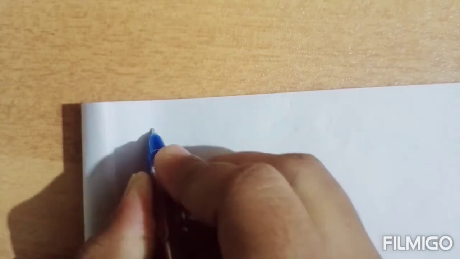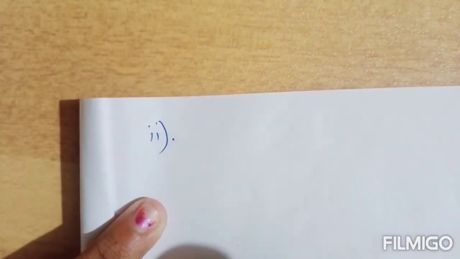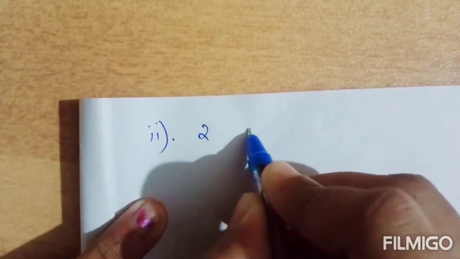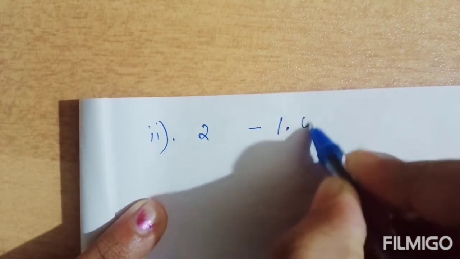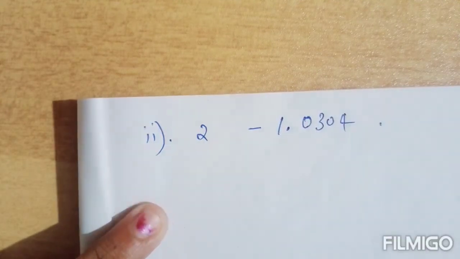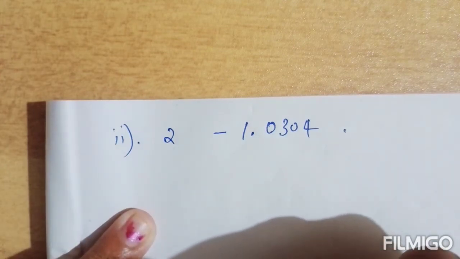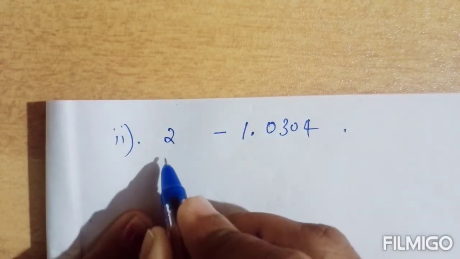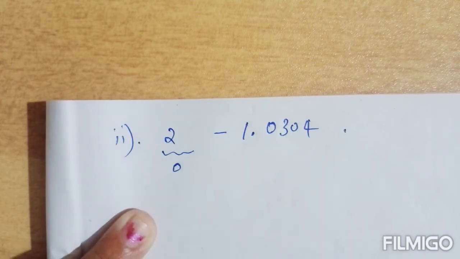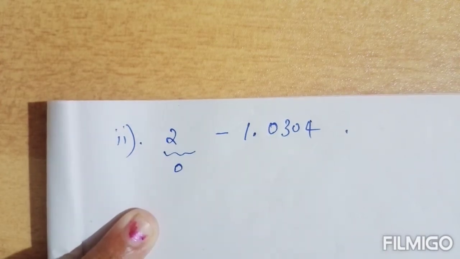Okay. Second one. 2 minus 1.0304. So here no digits are coming after the decimal point. That means the number of decimal places is 0.